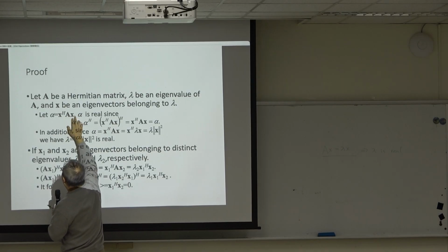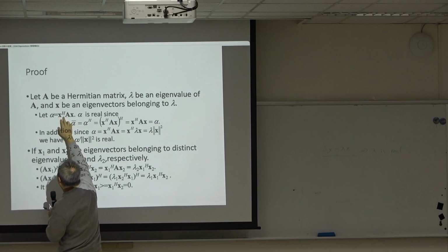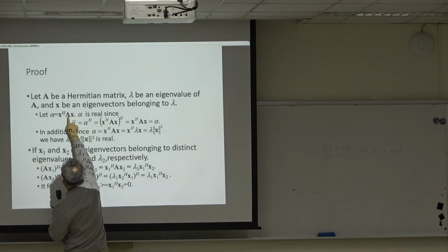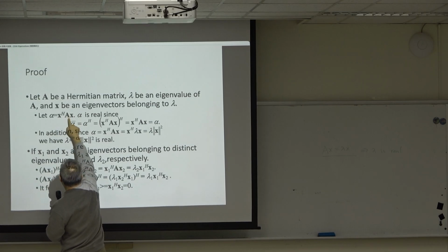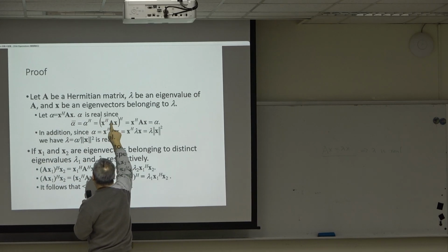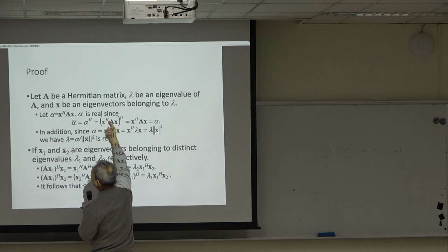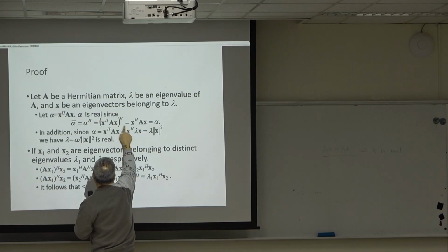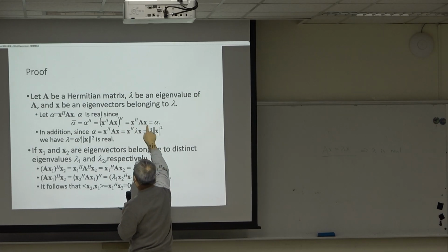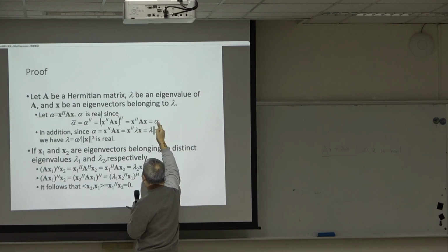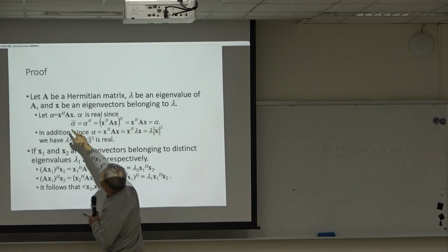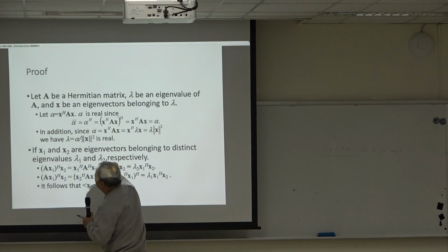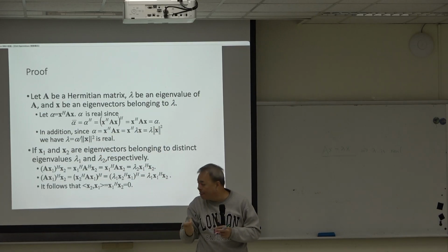You are going to reverse the order and put the Hermitian, so it's going to be x^H A^H x. Well, A^H is A because we know A is Hermitian already. And x^H^H is x, so it's the same as this one, which according to our definition is alpha. So alpha bar equals alpha. So alpha must be real, right?